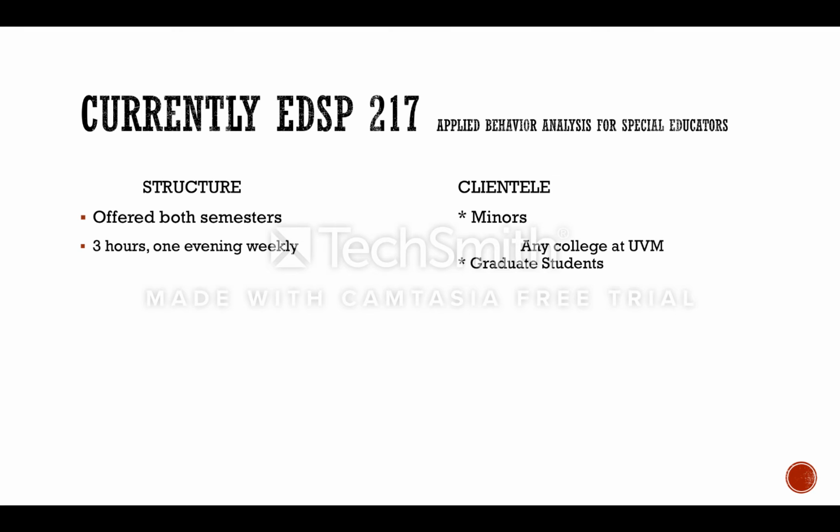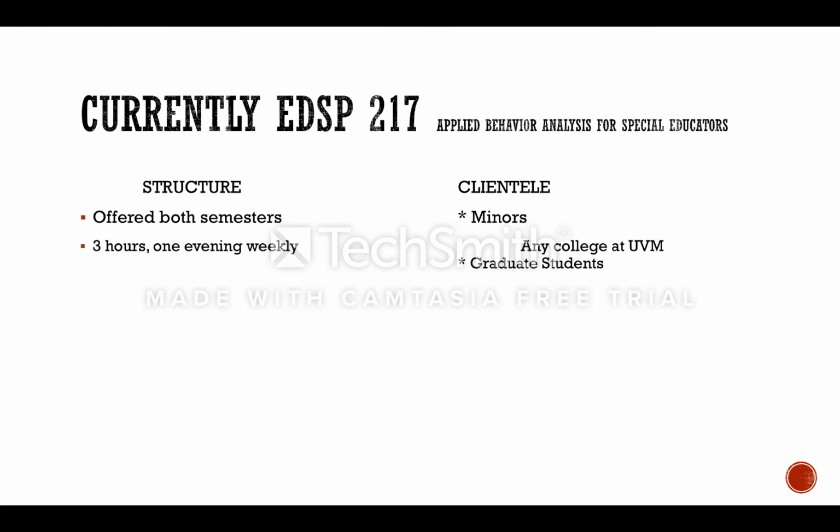Students who are enrolled in EDSP 217 are special education minors from across the university. So that means I have students who are education majors. I also have students who are psychology majors, communication sciences. I've had animal sciences, music, a wide variety of students from across the university take the special education minor.